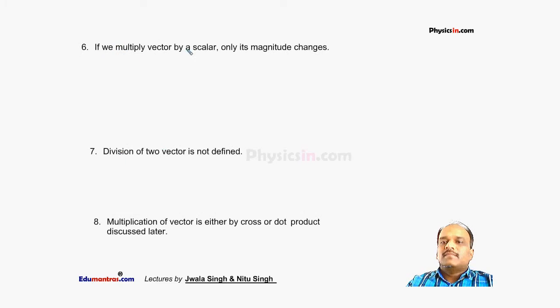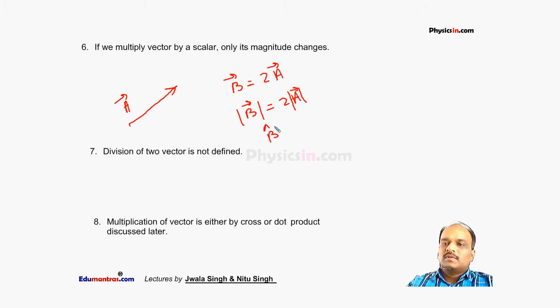If we multiply a vector by a scalar, only its magnitude changes. Suppose this is vector A. If I write vector B, which is equal to 2 times vector A, it means the magnitude of vector B is equal to 2 times magnitude of vector A. But B cap is always equal to A cap.